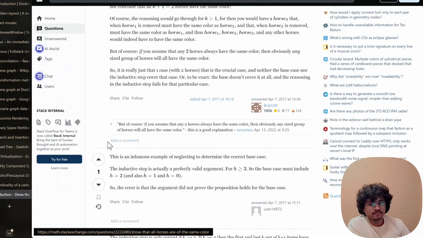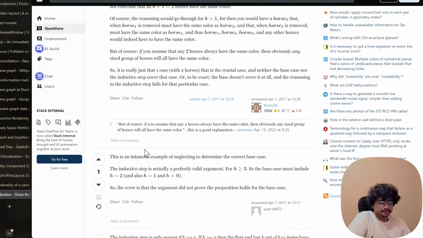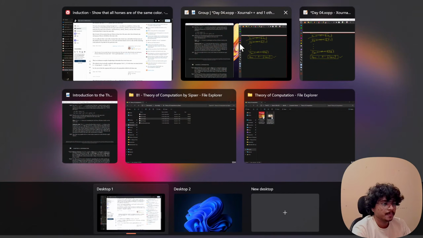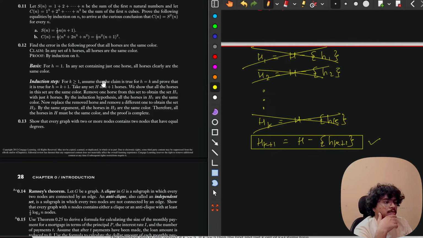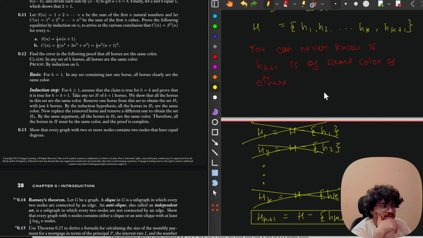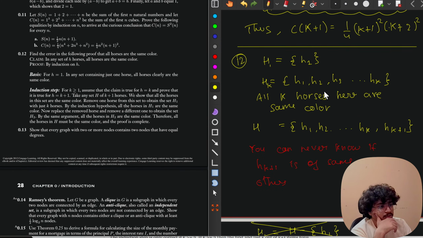So our base case itself is wrong. I was actually saying something like this is wrong, but the base itself is wrong, because you are not comparing.